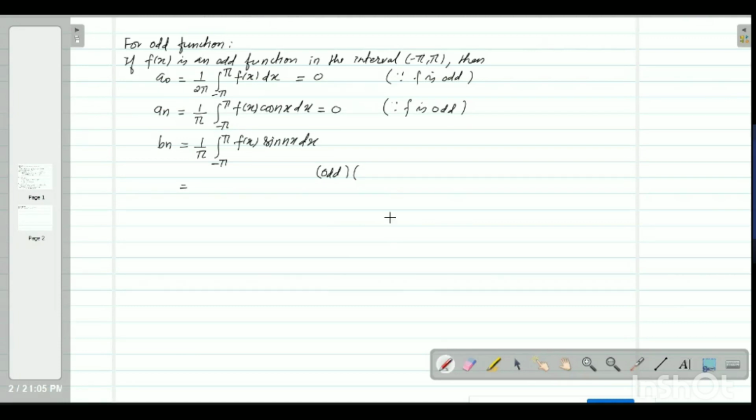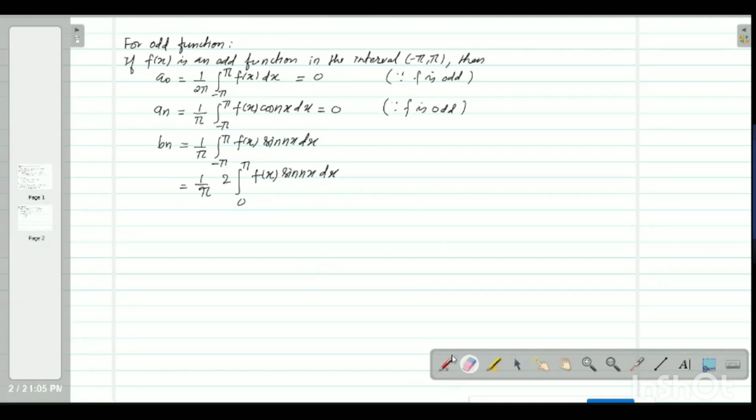The product of odd and odd will be even. So this becomes 1 upon pi, 2 times integration of limit 0 to pi f of x sin nx dx.